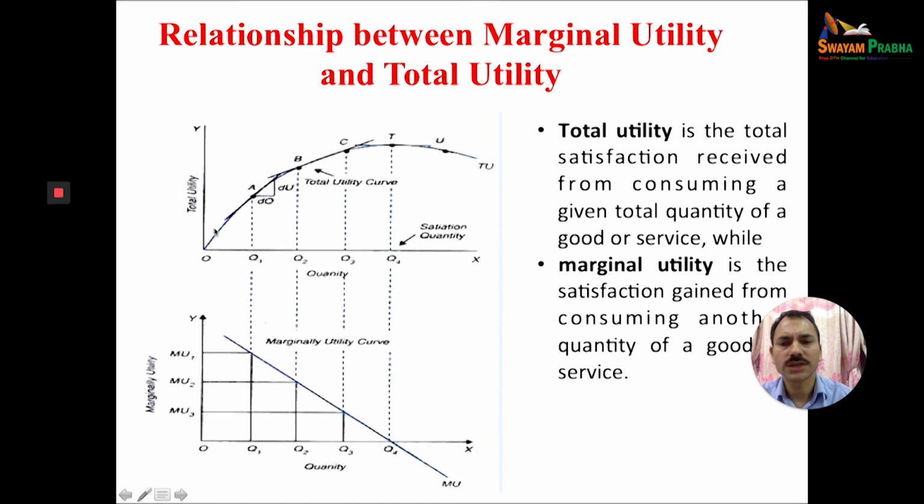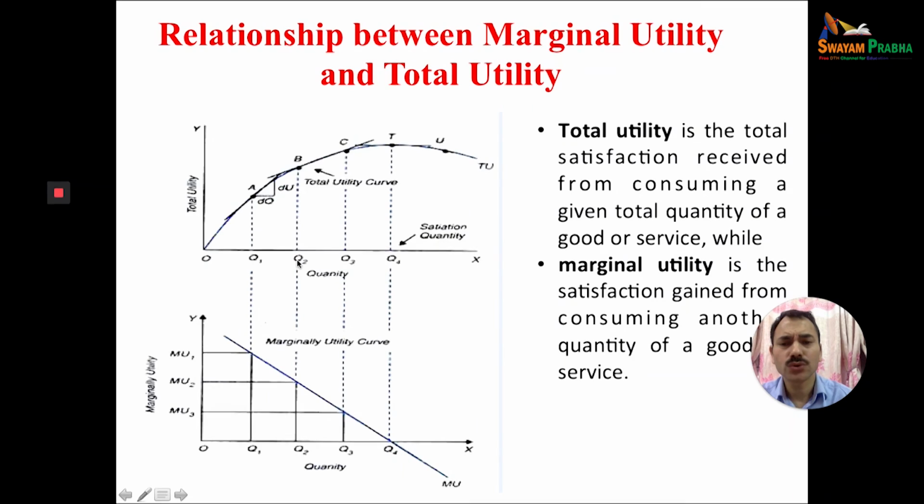When you consume more and more units, say Q1, Q2, Q3, Q4, the total utility is increasing from A to B to C to D. When you consume the first unit of the product, the marginal utility is high.